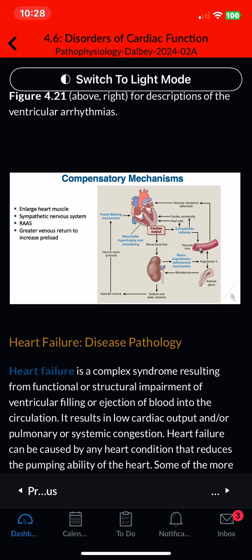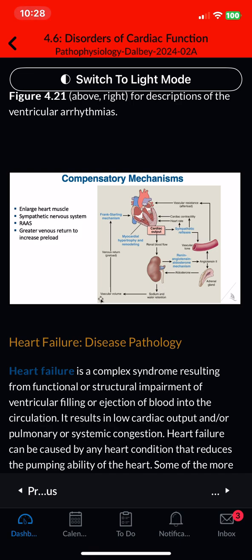Also, the sympathetic nervous system is going to cause vasoconstriction to try to raise blood pressure and cardiac output. The RAS system is also turned on, and our kidneys secrete renin, which eventually gets converted into angiotensin II, and then we'll have the hormones ADH and aldosterone working to reabsorb sodium and retain water.